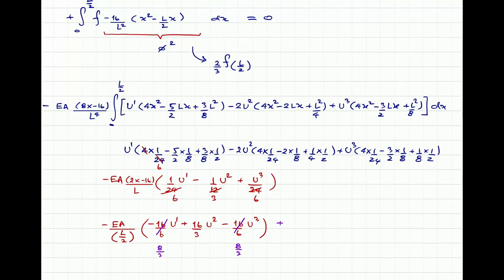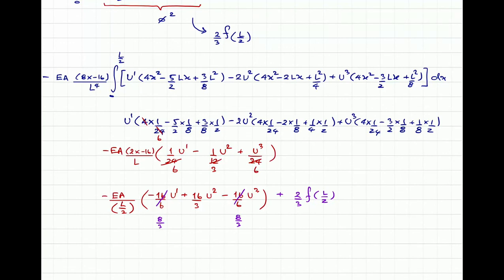Add up with 2/3 of F multiplied by element length, which is L over 2. But the reason why I arrange everything in this form is to highlight that the element size is L over 2.